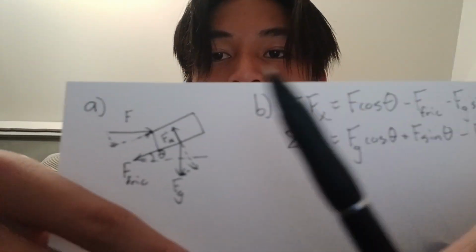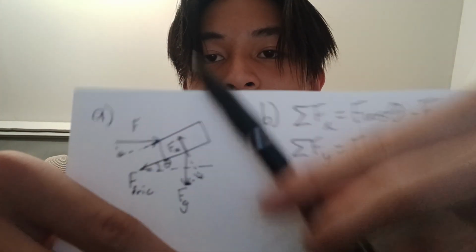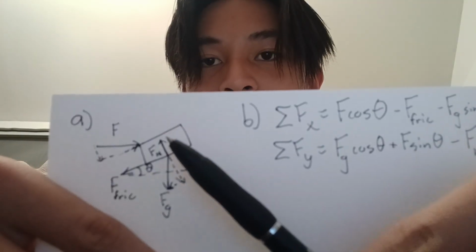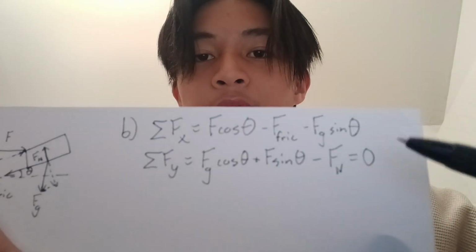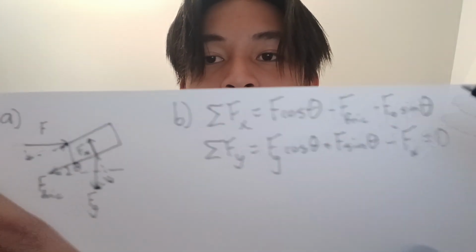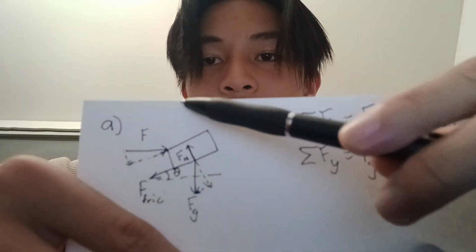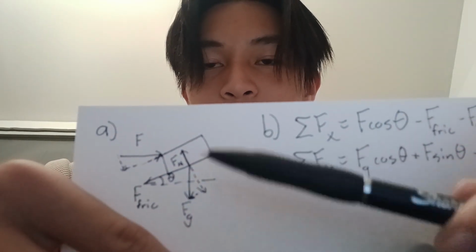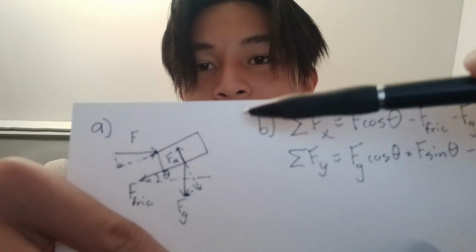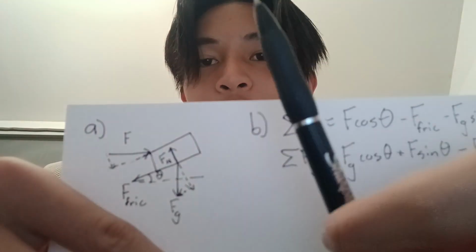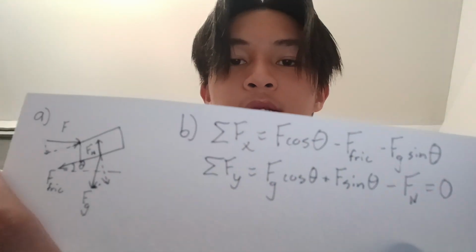Minus Fn. Fn is the force up the block from the surface. And they amount to 0 because the block is not going up or down into the slope or into the air. It's just staying on the slope, so the net force in the y direction must be 0. And so from here, what we can do is we can bring Fn over to the other side.